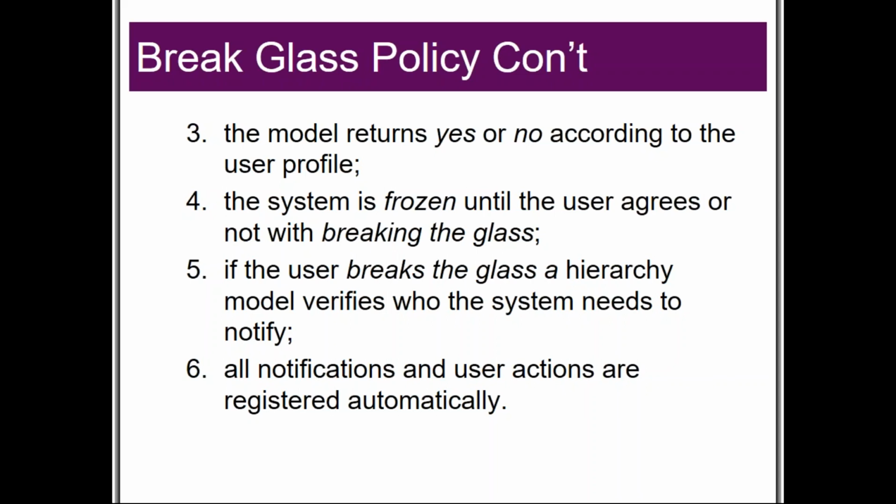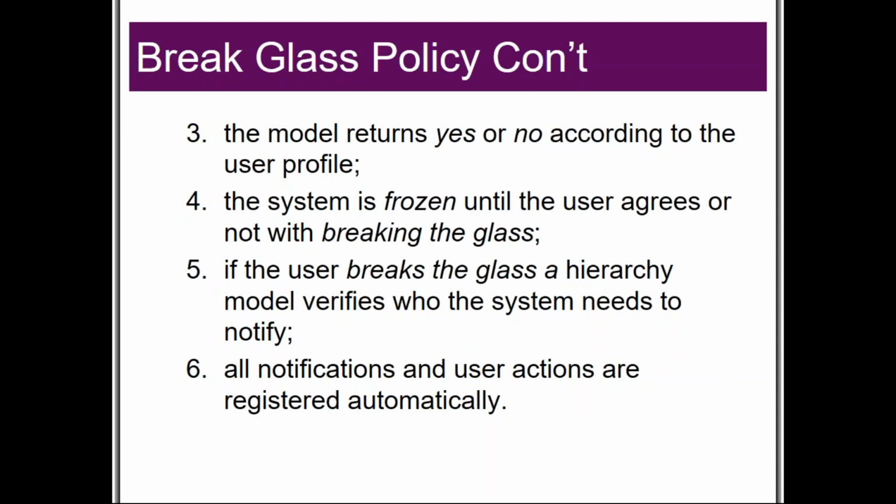Number four, the system is frozen until the user agrees or not with the break glass policy and chooses a reason for doing it. So once I go into my system and it's about to give me the information, it stops and I have to hit something that says I agree that I'm being monitored, and I have to explain why I'm doing this, let's say.